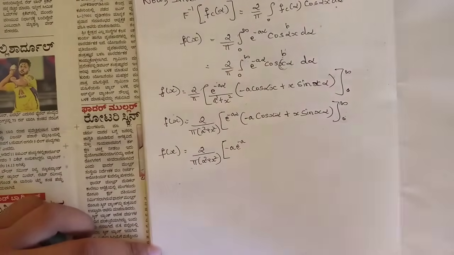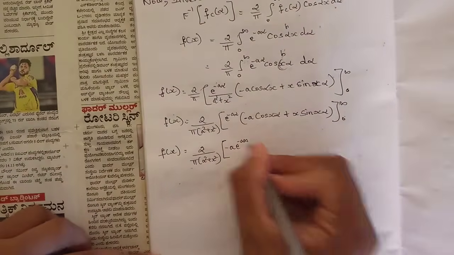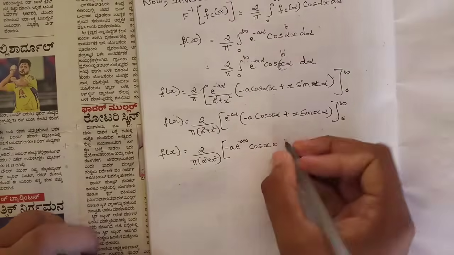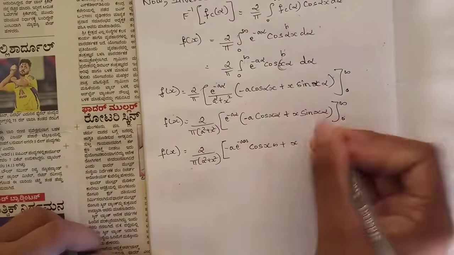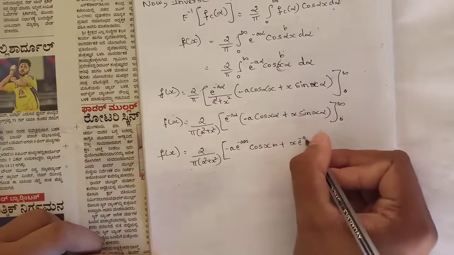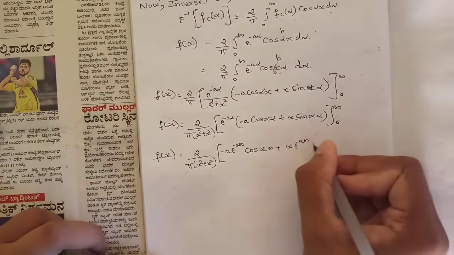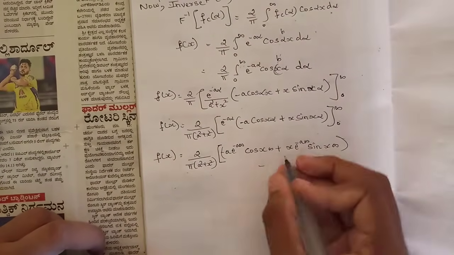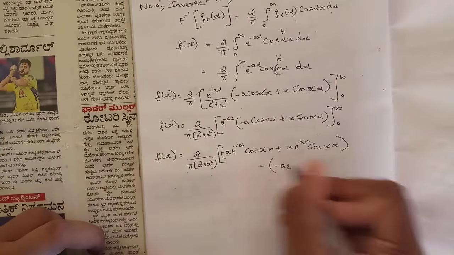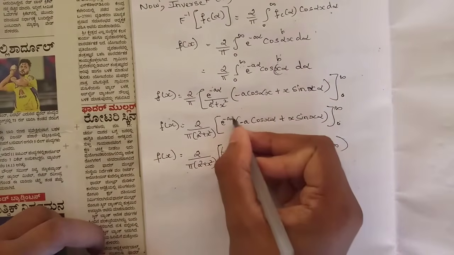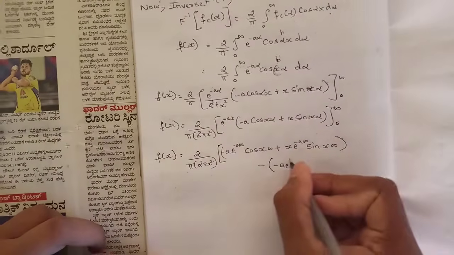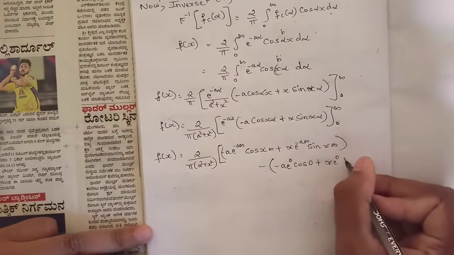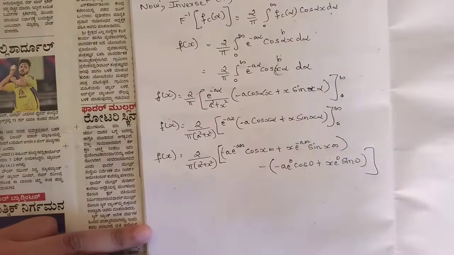Since the parameter is alpha, wherever alpha is there, replace it by the upper limit infinity: cos x infinity plus x e power minus a alpha, alpha is infinity, sin x infinity, minus the lower limit, that is minus a e power 0. Alpha is 0, so e power 0 cos 0 plus x e power 0 sin 0.